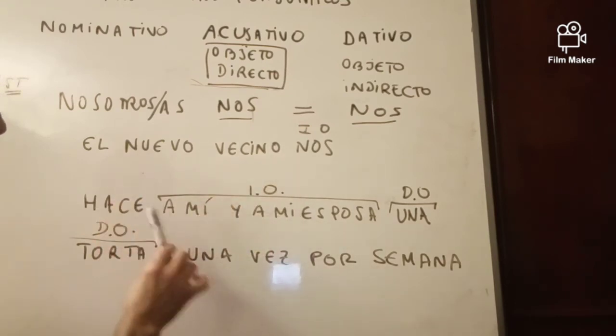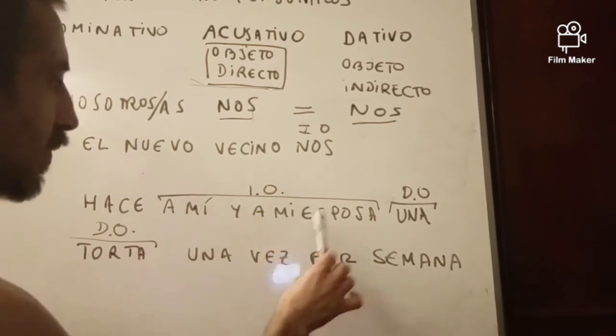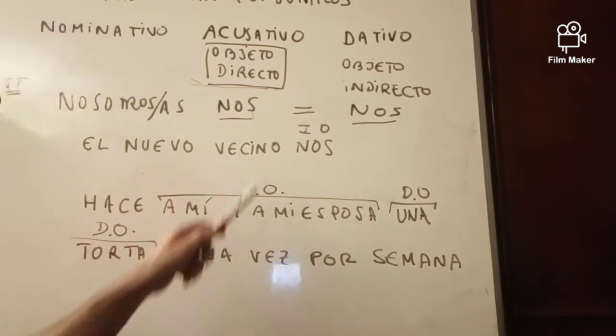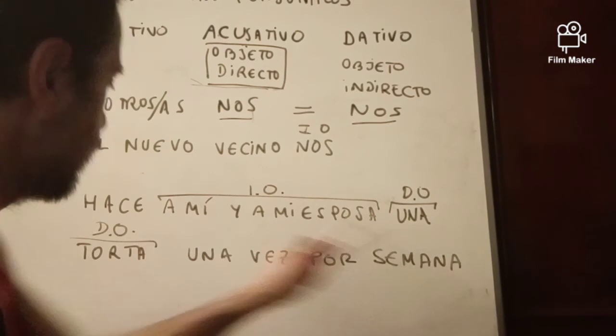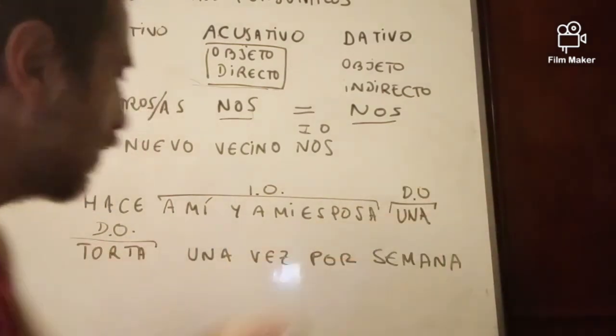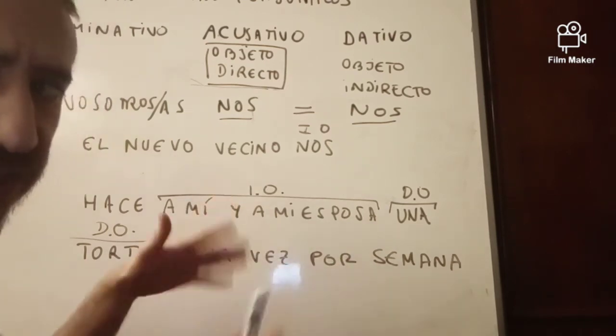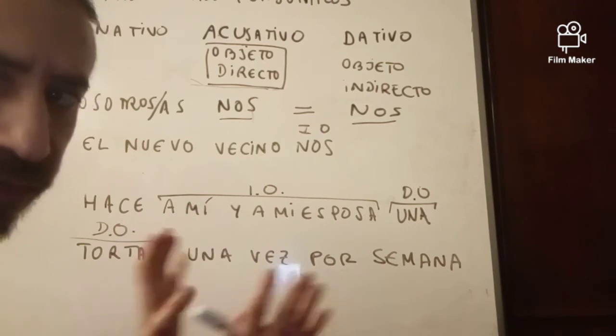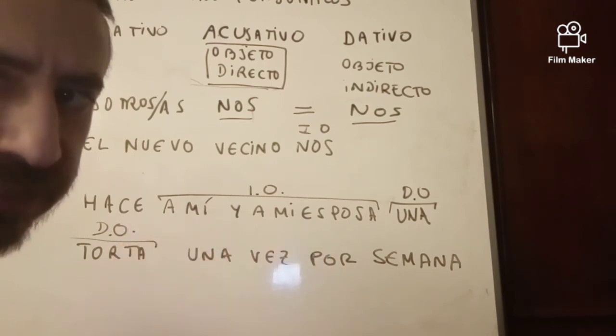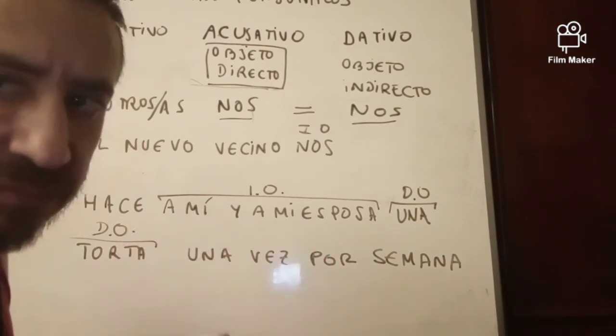El nuevo vecino nos hace una torta a mi esposa y a mí. El nuevo vecino nos hace una vez por semana a mí y a mi esposa una torta. Nos hace una torta una vez por semana a mí y a mi esposa. We can change the order of the subclauses in different ways.